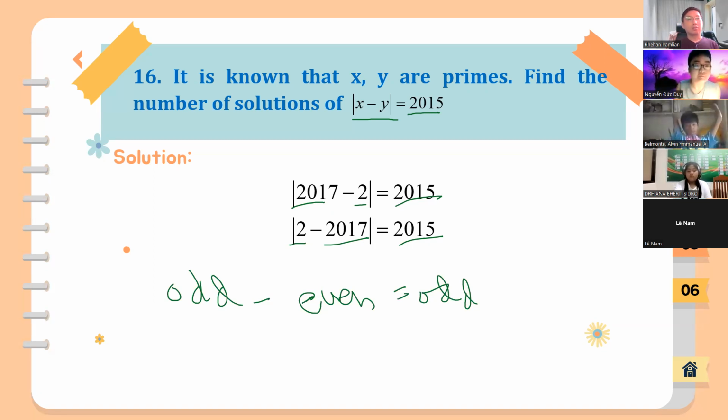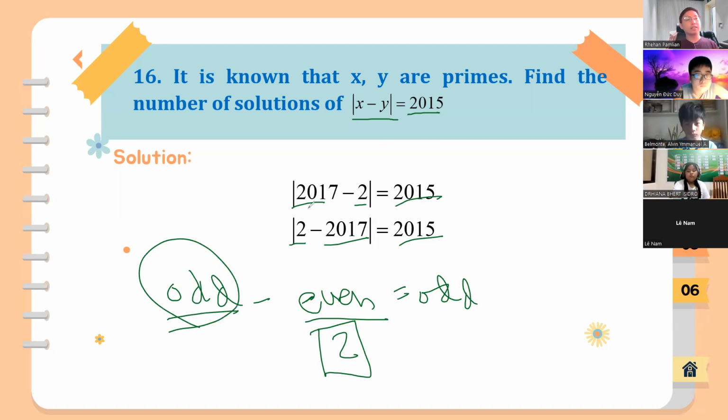So we want to make it odd. The only way is that you have an even number that is a prime, and that's always 2. The only even number here that is prime is always 2. So other than that, this should be even. So you would get the realization that the bigger number is 2017. That's the concept there.